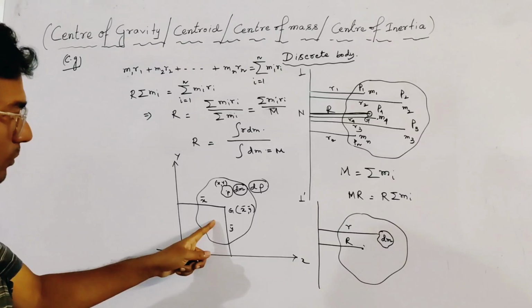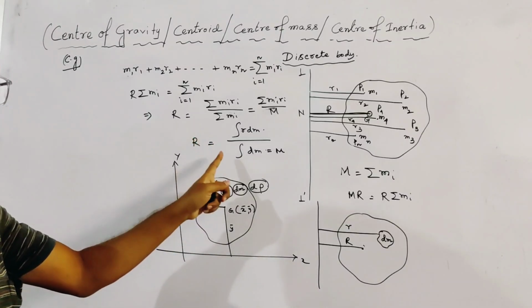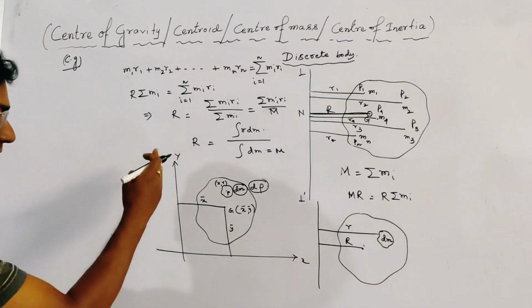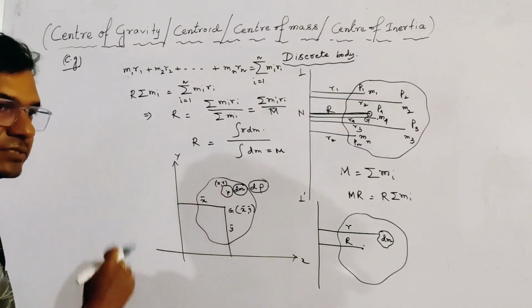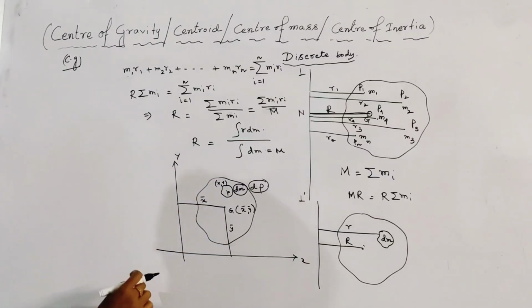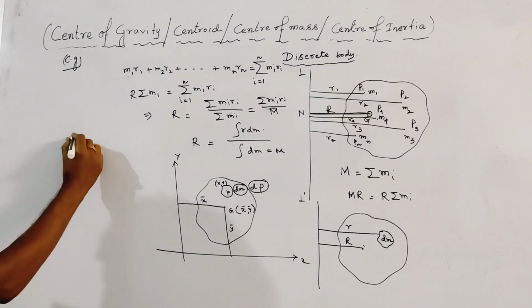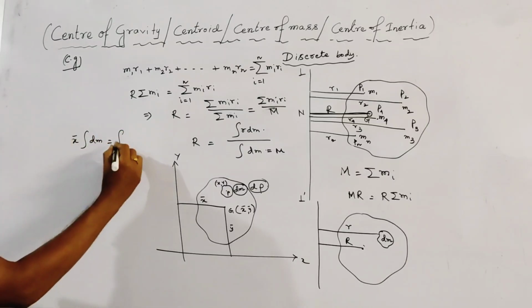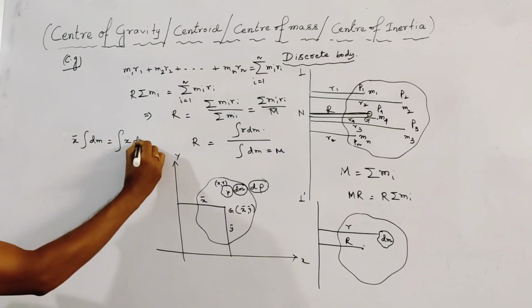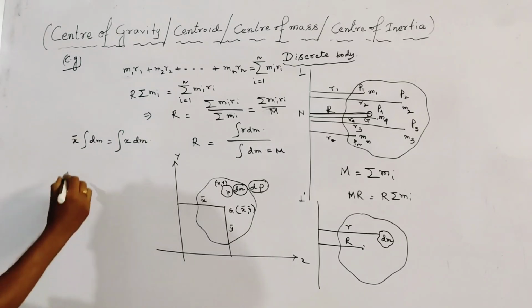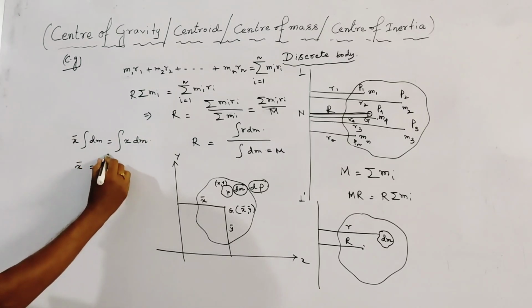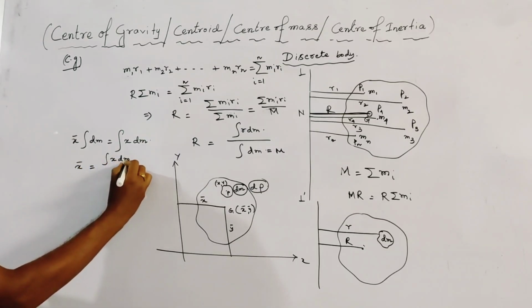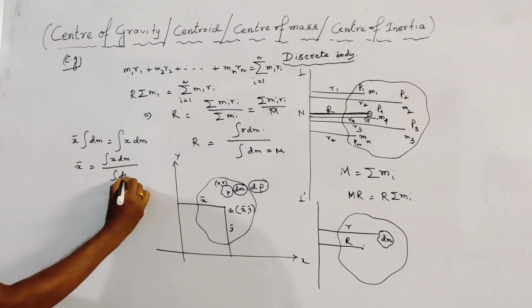From the definition of center of gravity, if we take the moment about the y axis, we get x bar into integration dm equal to integration x dm. So x bar equals integration x dm by integration dm.